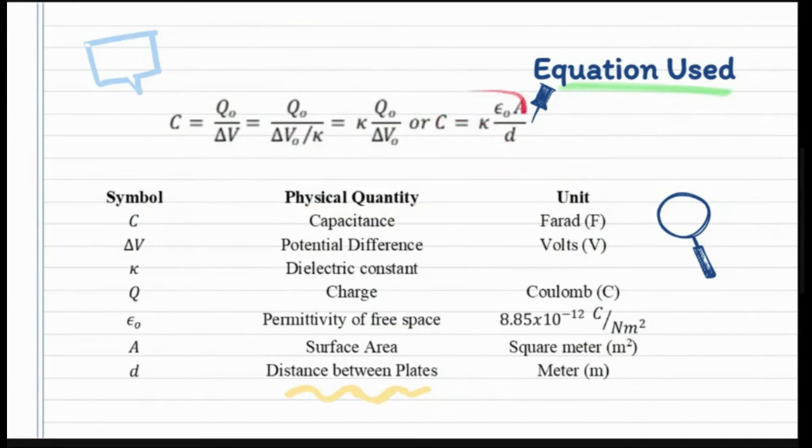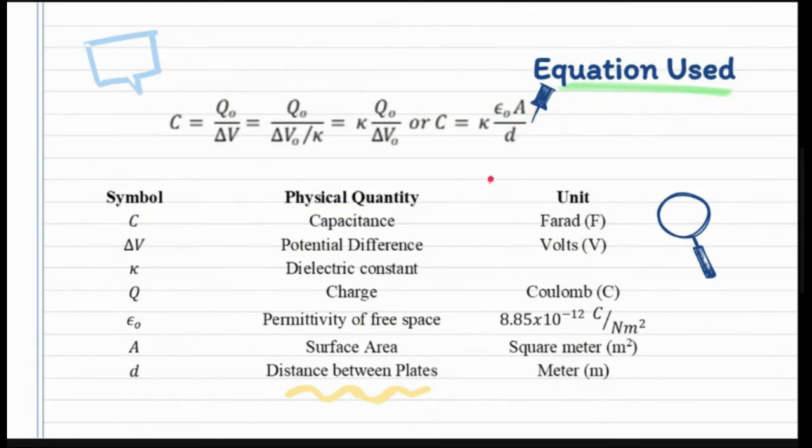So this is a derivation of how we get this particular equation. The capacitance is directly proportional to the area of the conducting plate, which is separated by a distance d. This is from our previous equation, epsilon naught times A all over d.